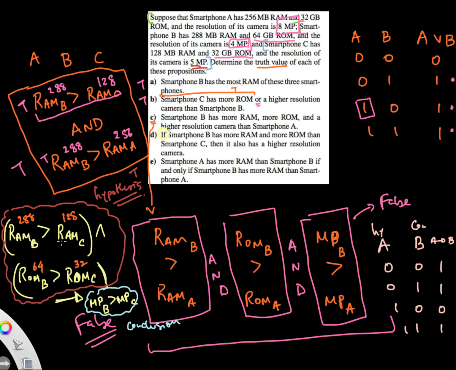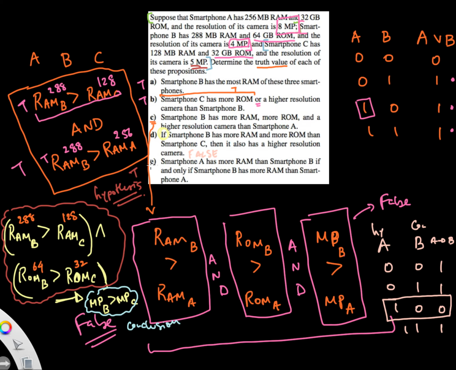So what I have in this scenario is 1 and 0. I'm looking at this piece over here. So the entire validity of statement D becomes false. It's false because if the hypothesis is true and the conclusion is false, then the entire compound proposition, the resultant of if A then B, becomes false.